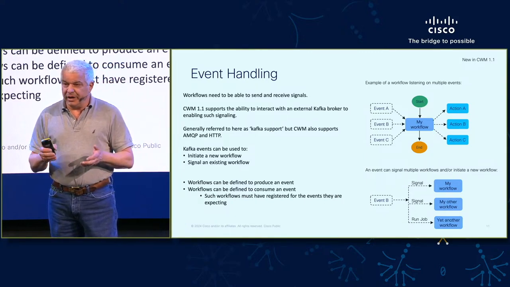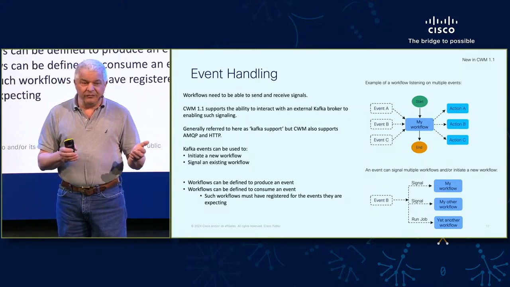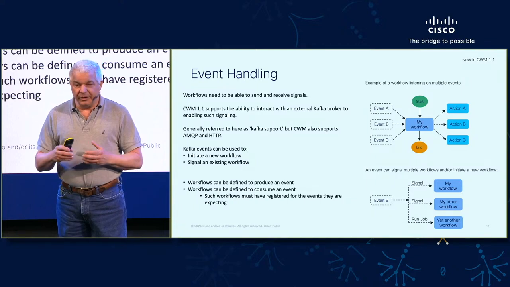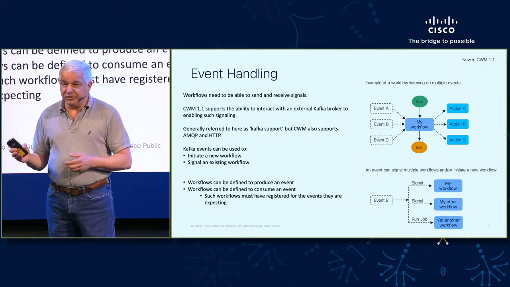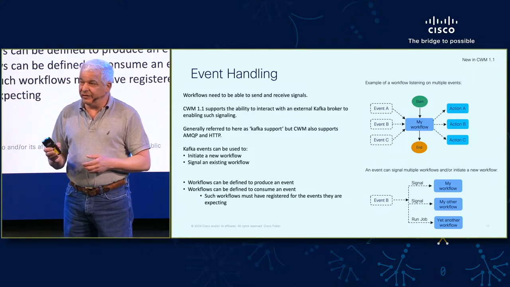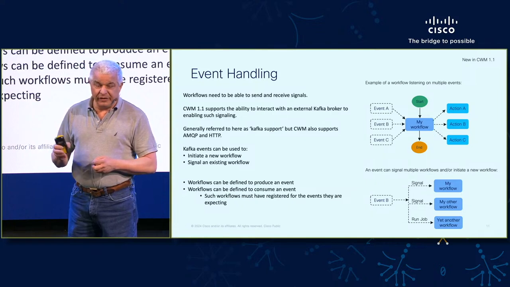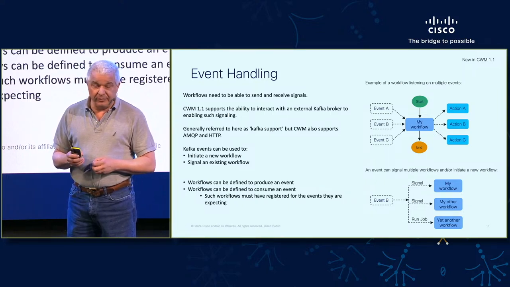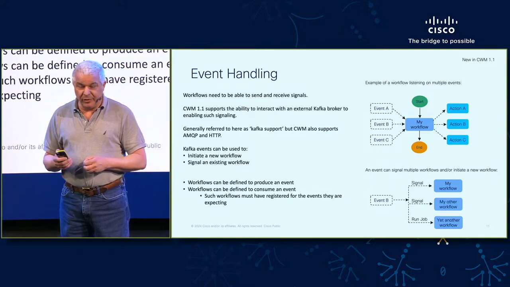You can connect to an external Kafka broker. We can have Kafka events come in. They can trigger us to either start a workflow fresh or signal an existing workflow that's registered for that event. Likewise, workflows themselves can send events to the broker and have them consumed by other applications on the bus.